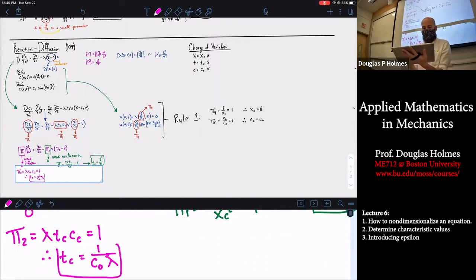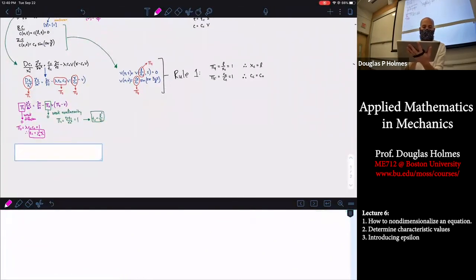So my time scale now is not dictated at all by my diffusion coefficient. It's dictated by the magnitude of lambda, which is going to scale the nonlinearity in my problem. So how fast is that nonlinear term affecting the rate of change of concentration in my system? So this leads to two very different problems.